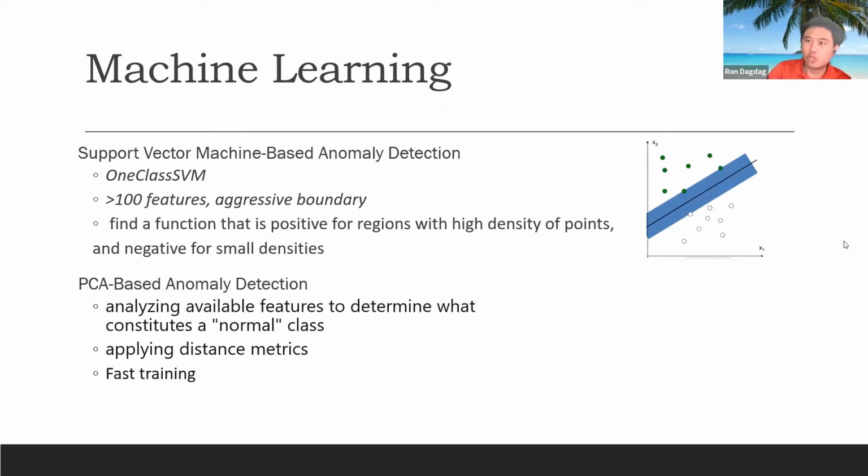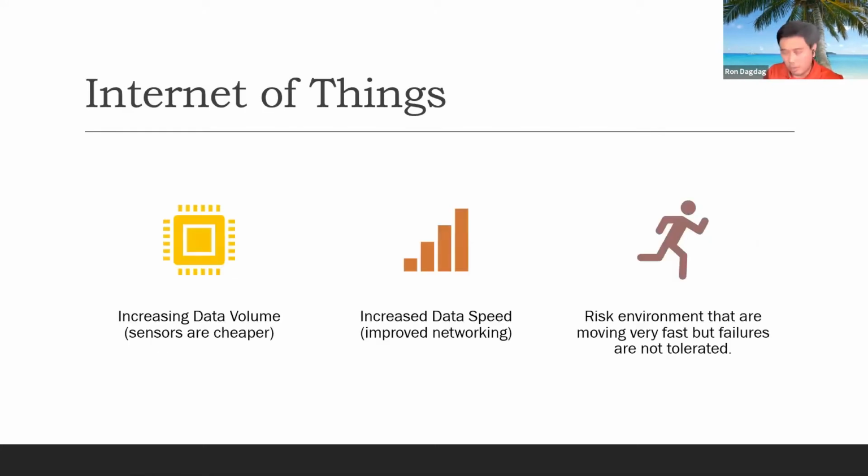Support vector machine is when you split the data into two and train a machine learning model based on that. So my point is, there's lots of different algorithms that you can use to do your anomaly detection. Lots of different ways, from something simple to something complicated to implement.